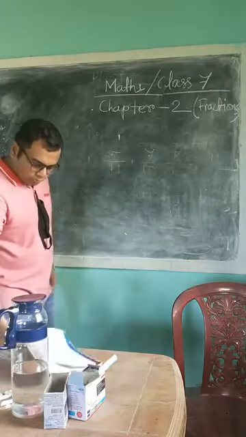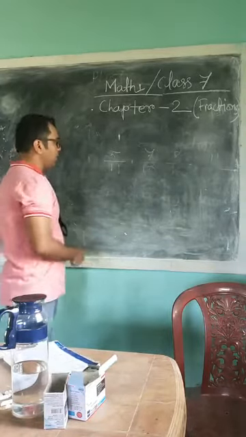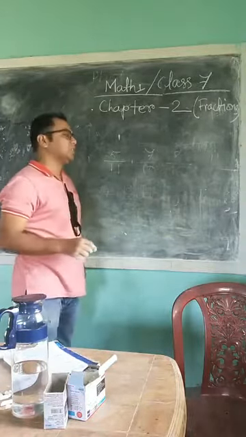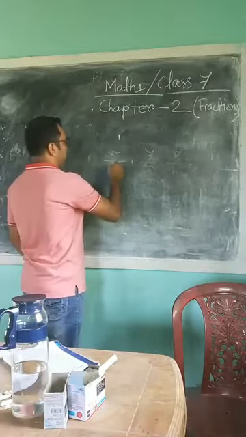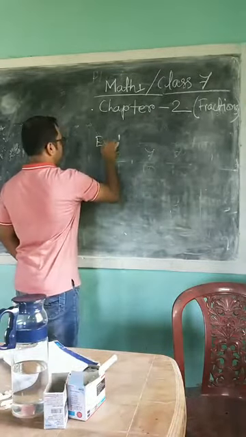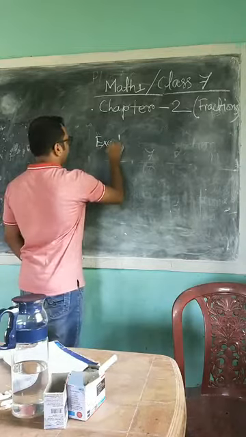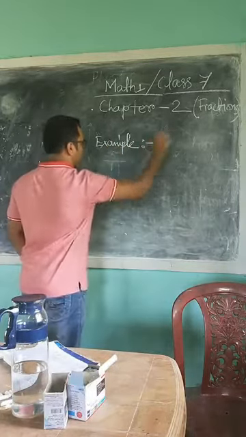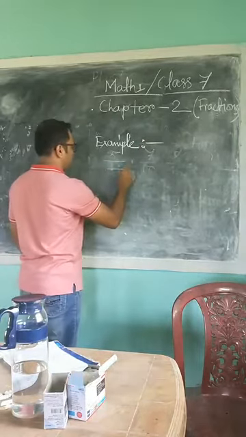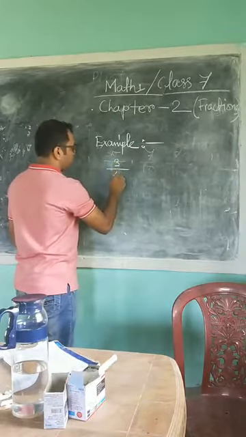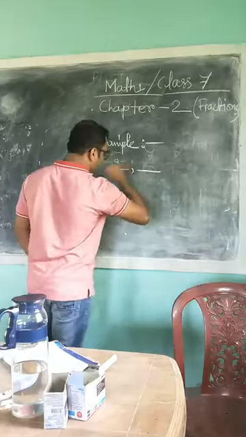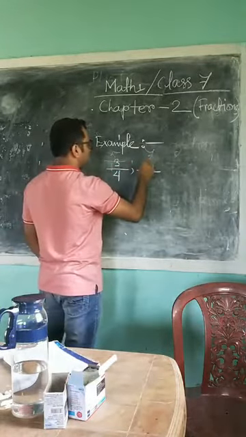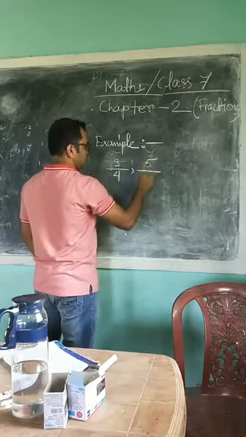Now, how can we make two unlike fractions into like fractions? Let me give you an example: 3 by 4 and 5 by 6.